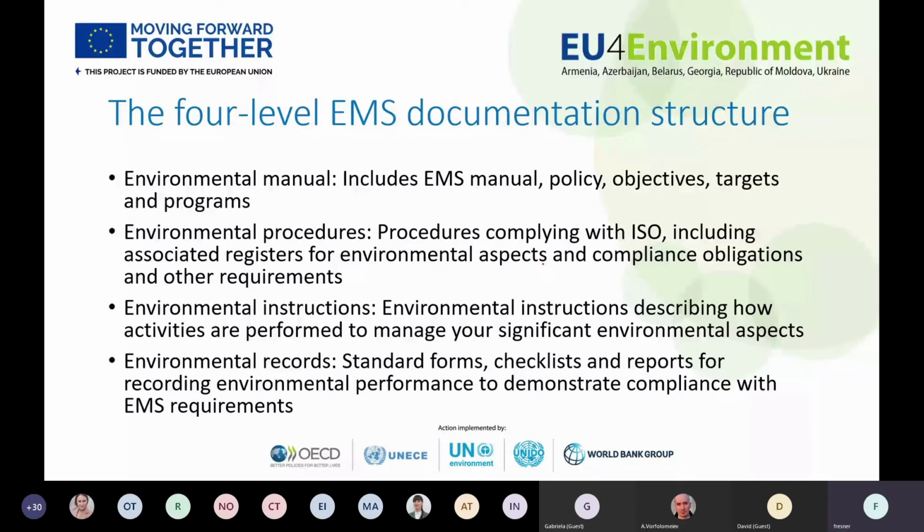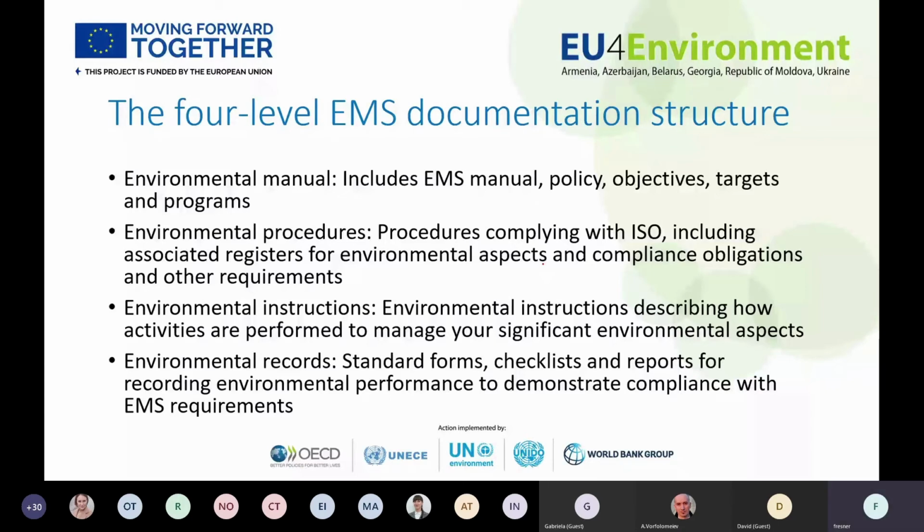So just to summarize in words, we have the manual, which includes the policy, the objectives, the targets, the programs, and the basic descriptions, interaction, and activities. We have the level of environmental procedures. This is an ISO requirement, including registers of environmental aspects, compliance obligations, and so on.